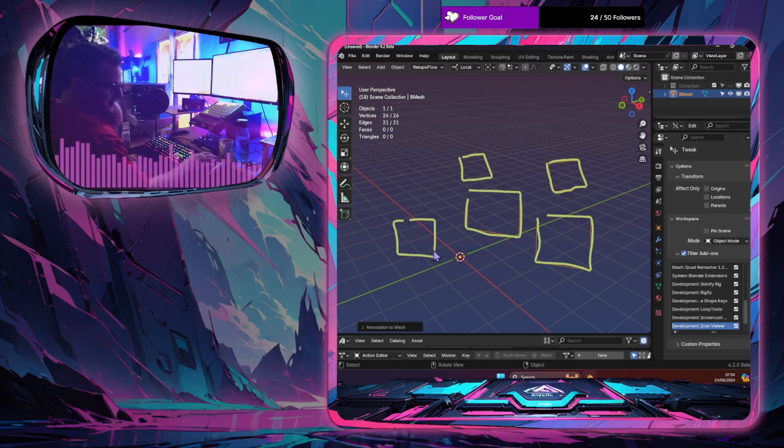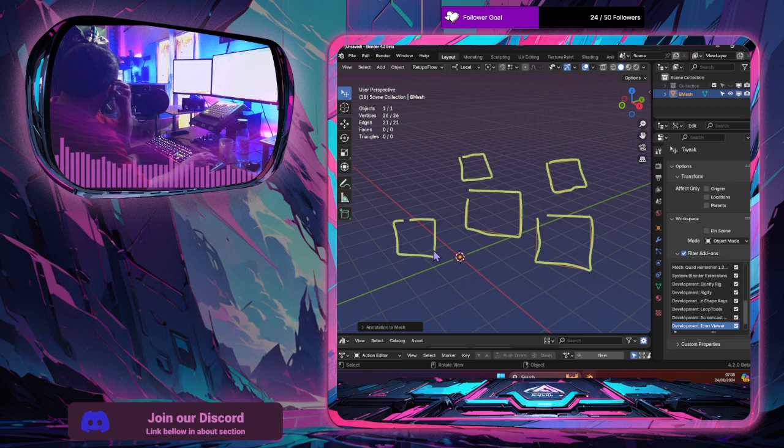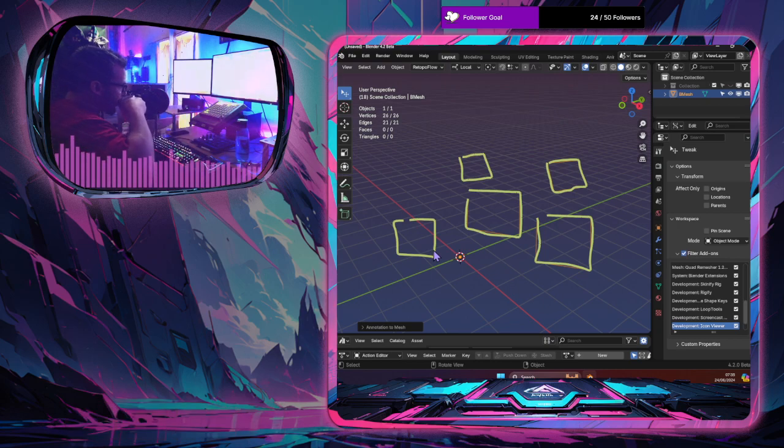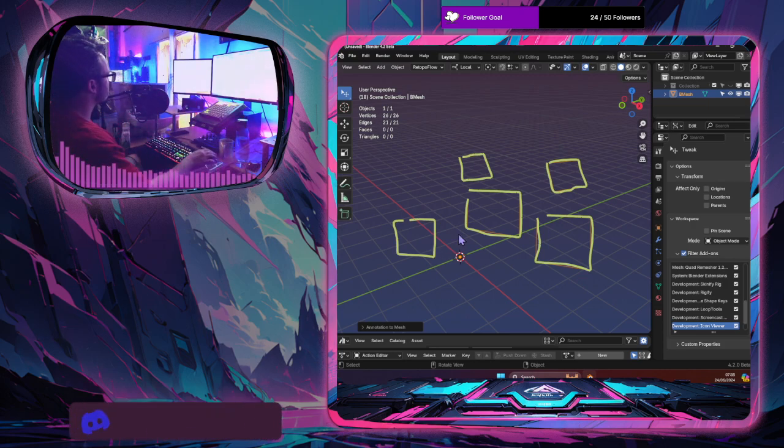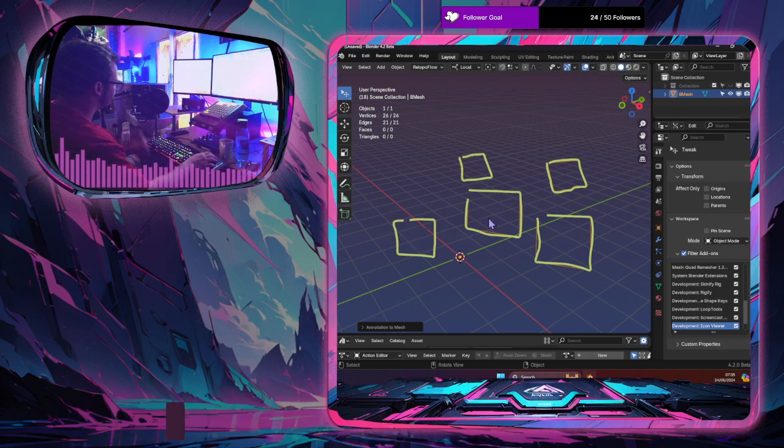I can put that in the documentation: how to draw a square so that the algorithm picks up on it. That is not a square, that is a square.